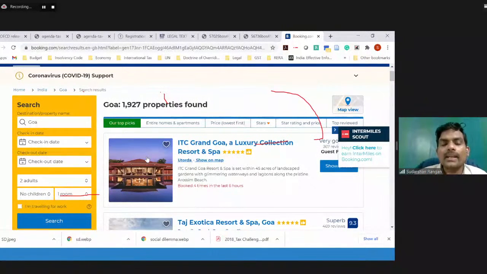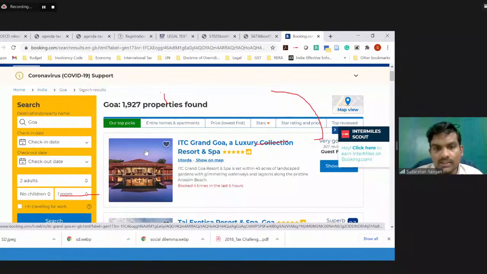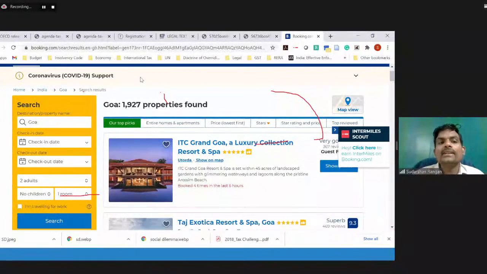So now what will happen? I'm Sudarshan, a normal guy, so I'll book. Now what will happen is ITC will pay a certain commission to booking.com Netherlands. Now booking.com is actually a marketplace. So previously booking.com's work was done by a travel agent. Today booking.com replaces it.